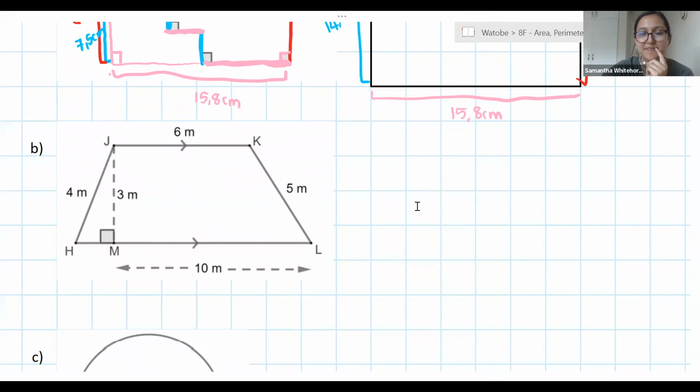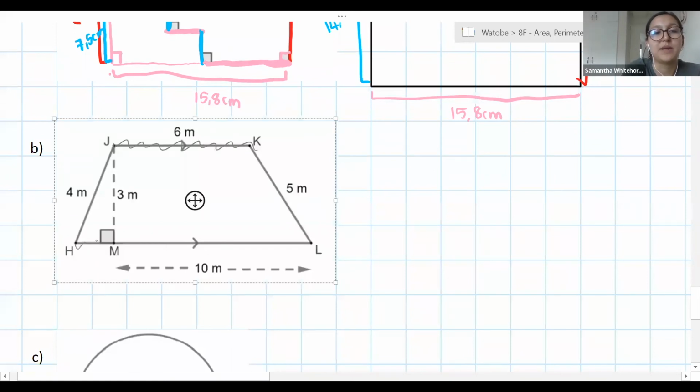Ma'am, I think it's a parallelogram. Okay, so remember a parallelogram needs both pairs of sides to be parallel. Because those two sides aren't parallel, we only have one pair of parallel sides. So which shape has one pair of parallel sides?